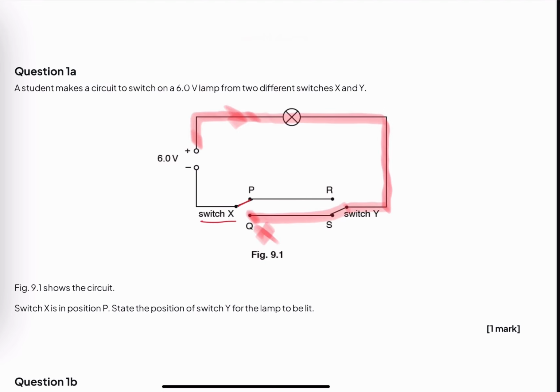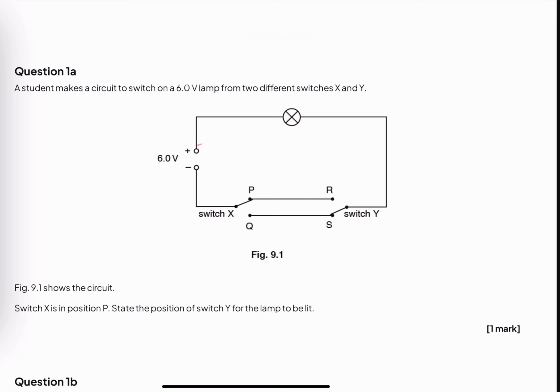So this is not the right combination for the current to flow. The right option is that the current should move at R, it will move this way, and there is already a connection between them, and this will provide a complete loop. So R is the right option. Let me draw it here.